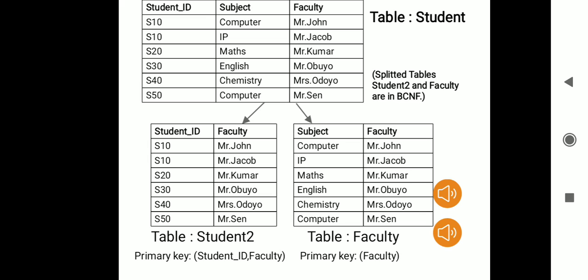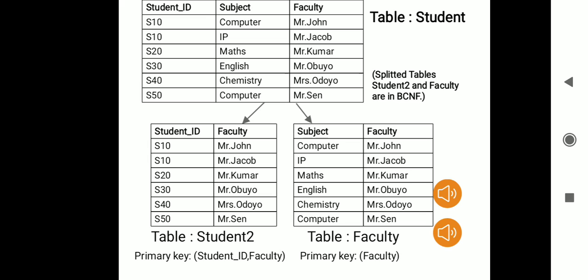Again, if we wish to insert a new faculty who has recently joined the school and no subject has been assigned yet, we can do so by simply filling up the faculty entry in the faculty table with the associated subject as null. As subject is not the primary key or a key attribute in the table named faculty, it can accept null values.